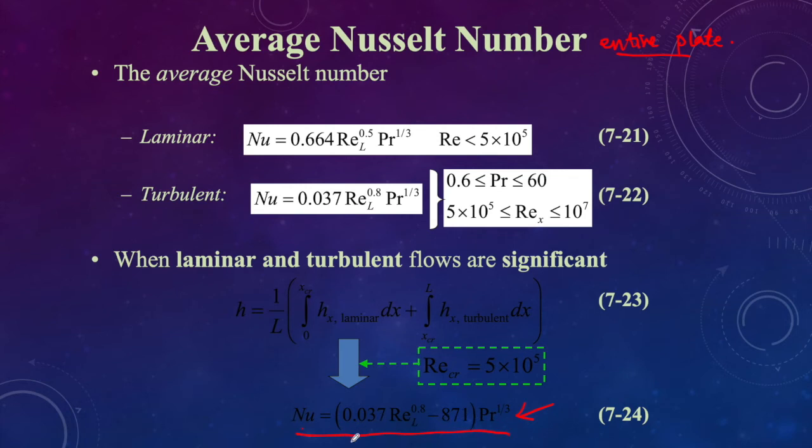Because if your flow is turbulent, then this equation will reduce and become the same as the turbulent flow equation. But if the calculation is much more toward laminar flow, then this equation will turn into the laminar flow equation.